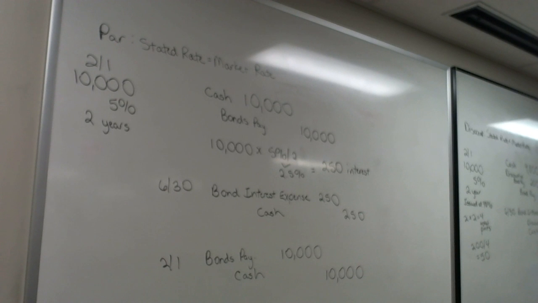Okay, so I credit discount on bonds payable. That discount's being spread over the life of the bond. And then I just add these two together to get my total bond interest expense. Okay. So when you have a discount, your bond interest expense is your amortized discount plus your interest payment.